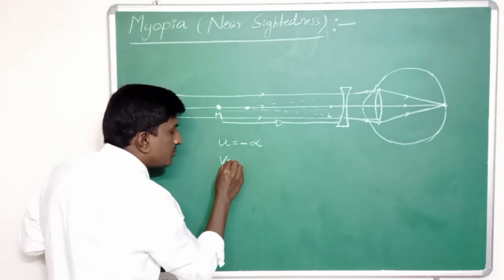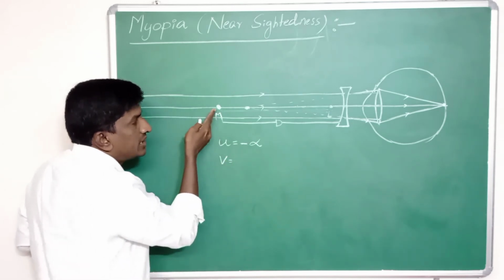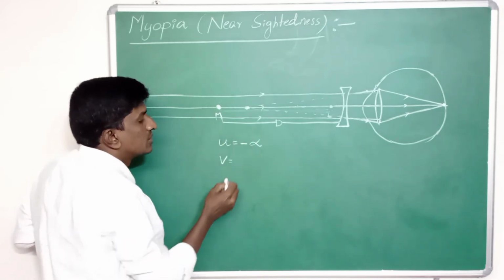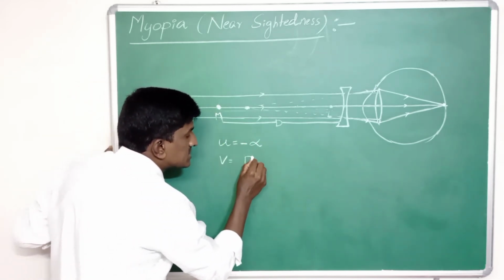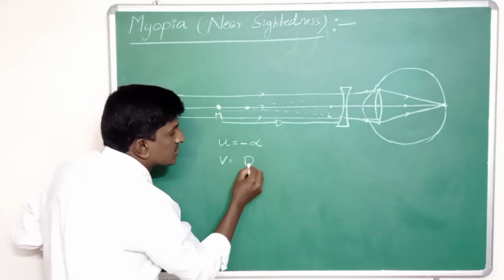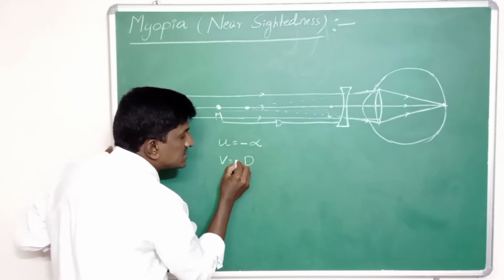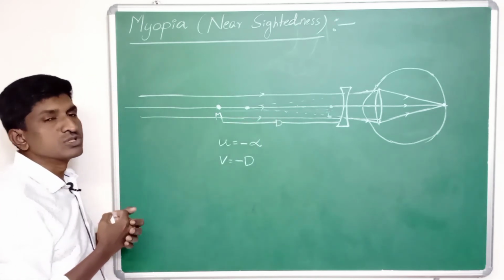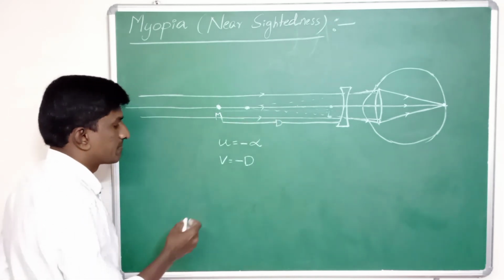And the distance of the image is D. This is also negative because we are measuring opposite to the incident light ray.